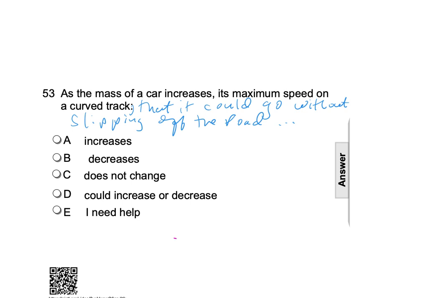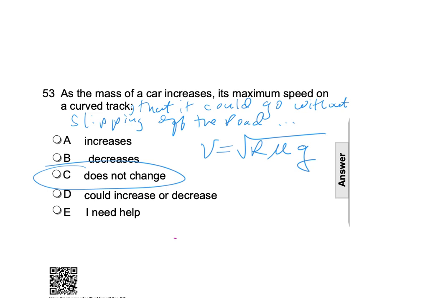Okay, I had to add this because they're being really too brief on this question. So V equals maximum speed, the square root of R mu G. Now, do you see even mass in this thing? Do you see mass in this equation? No, so it's irrelevant. So change in mass does not change anything about the maximum speed.